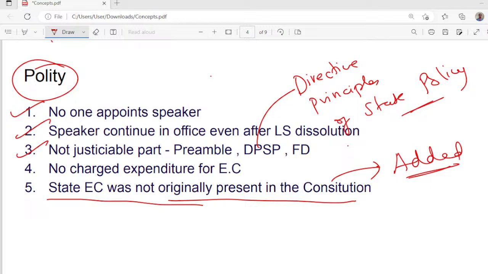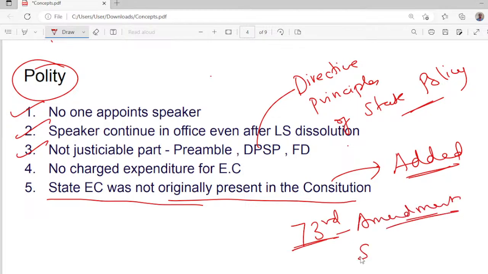Okay, no problem. If you don't know, write down the 73rd Amendment Act. By the 73rd Amendment Act, we added the State Election Commission. So before that, State Election Commissions were not there.